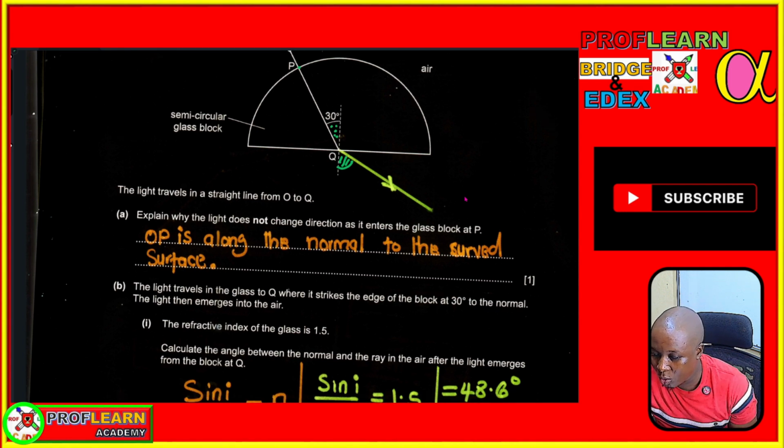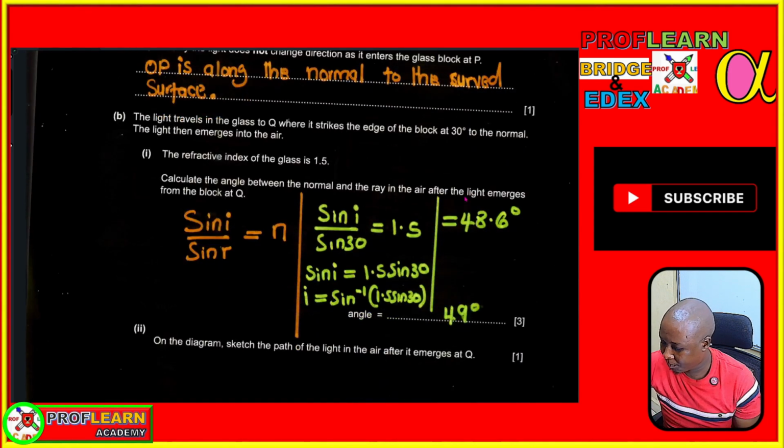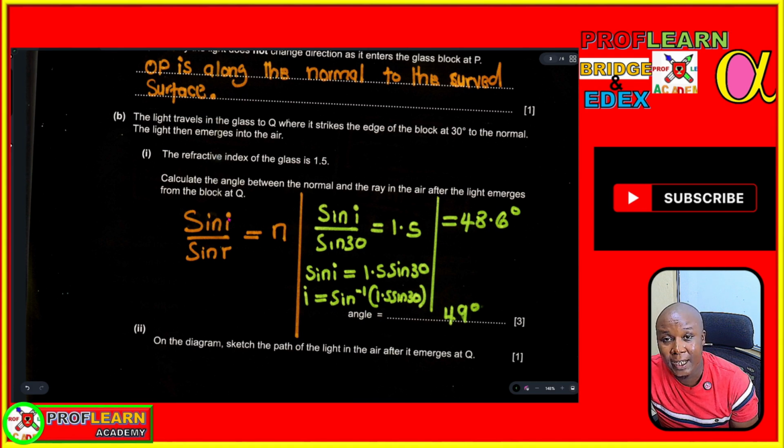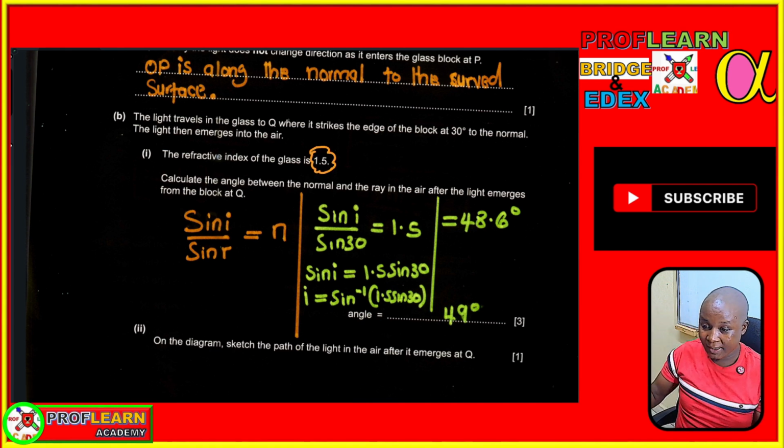Then I'm going to say that sine of the angle of incidence over sine r is equal to n, which is the refractive index, and the refractive index in this question is given at this point. So what does that mean?